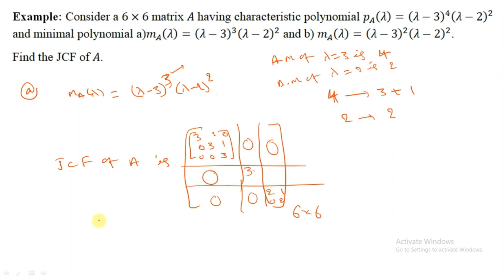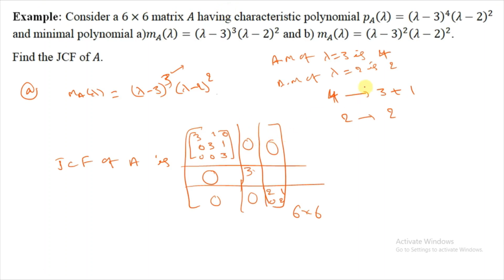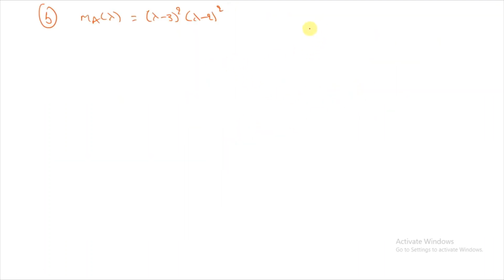Now we'll see the second one. What is the second one? The minimal polynomial is (lambda minus 3) squared times (lambda minus 2) squared. The main diagonal elements total 4 in the characteristic polynomial, and this 4 we can write in terms of the largest Jordan block as 2 plus 2.